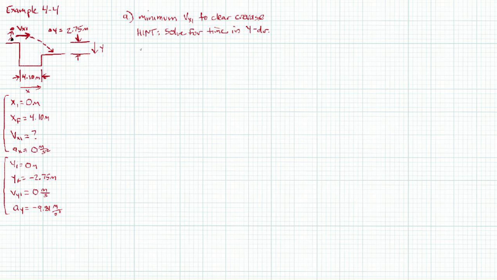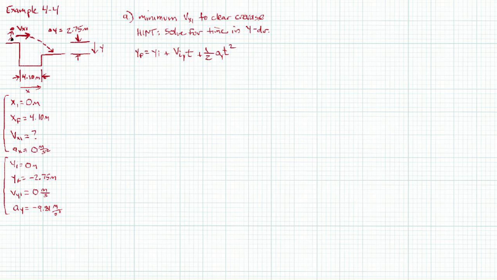So for time, y final equals y initial plus initial velocity in the y direction times time plus 1/2 times acceleration in the y direction times time squared. Now you're probably saying, well, where did I come up with that?